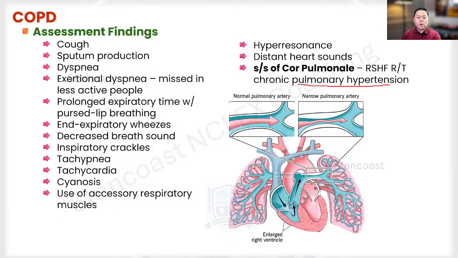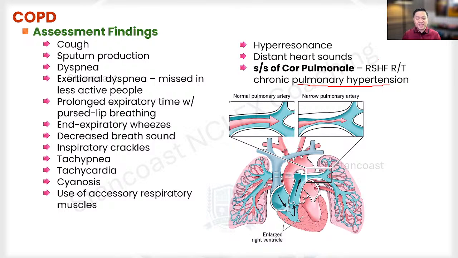Okay. Now, part of that would be the ascites. Why? Because the backflow in the venous circulation can also cause some problem in the portal circulation, let's say the blood vessels actually supplying the liver.